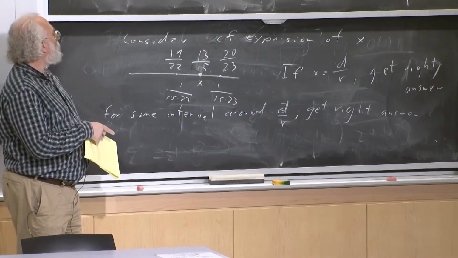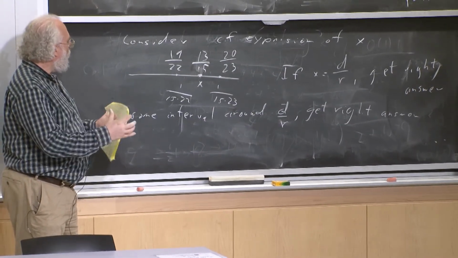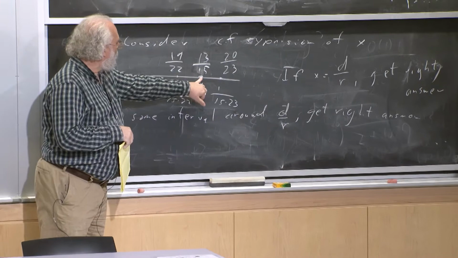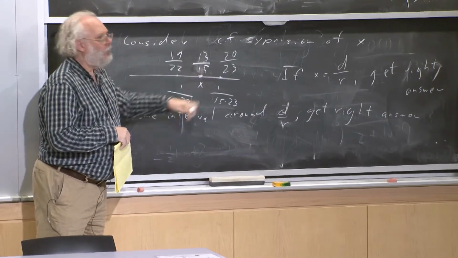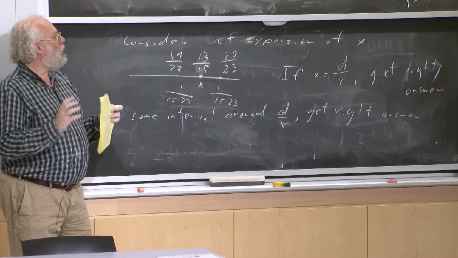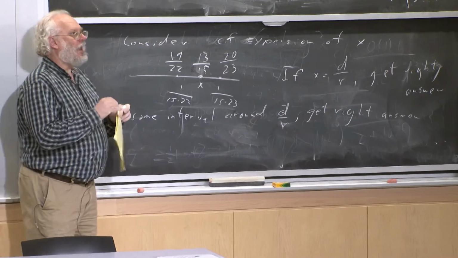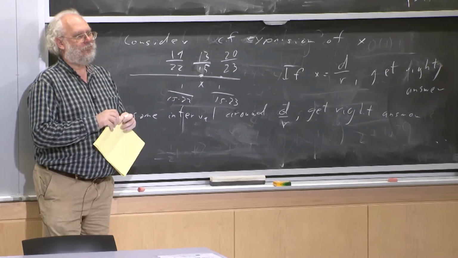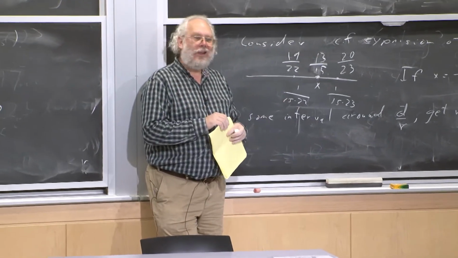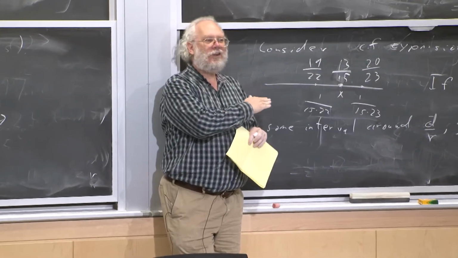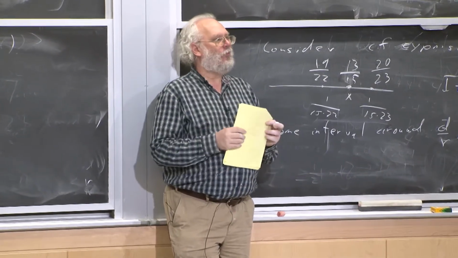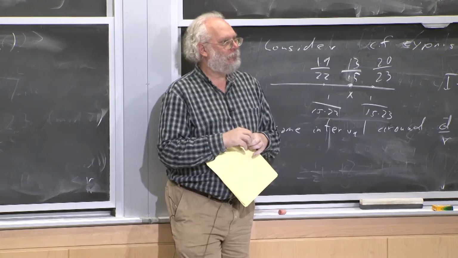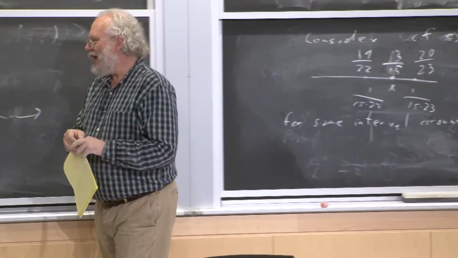So as long as you're within 1 over 3R squared of d over r, one of your convergents will be the right answer. I think the textbook has a proof of 1 over 2R squared, but this is good enough.